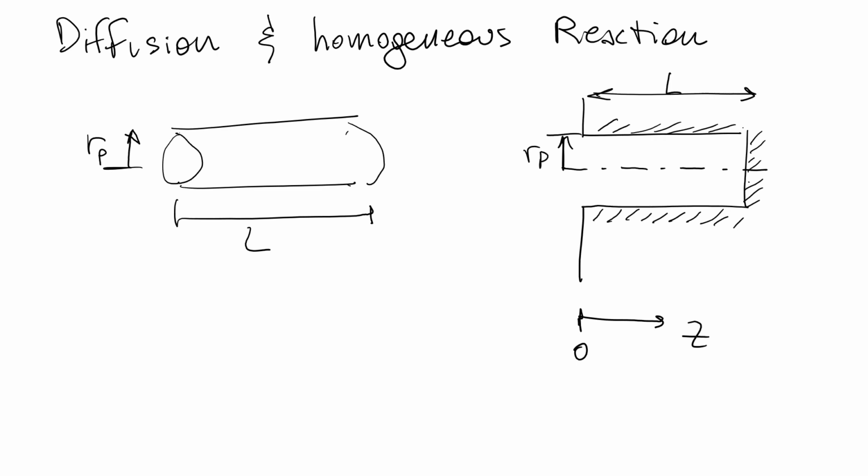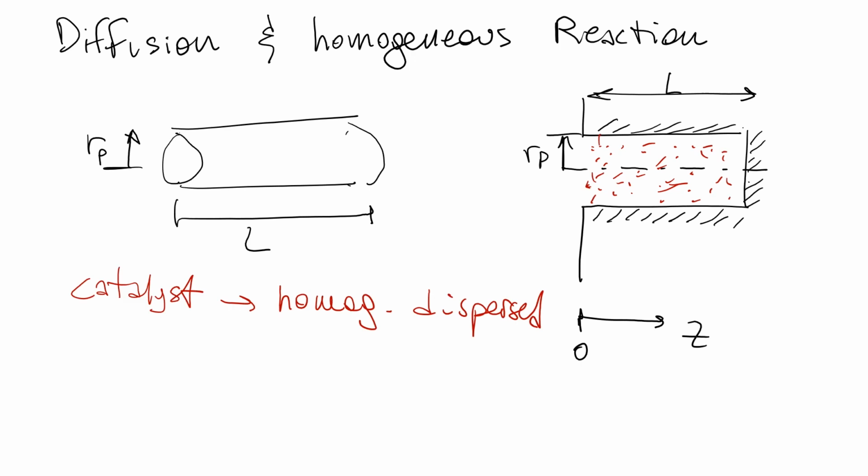So this catalyst is present everywhere in the pore, and it's homogeneously dispersed. Then we're going to treat this reaction, even if it is in fact a heterogeneous reaction, as a homogeneous case.